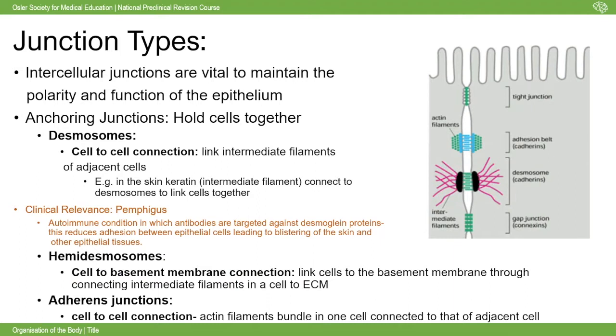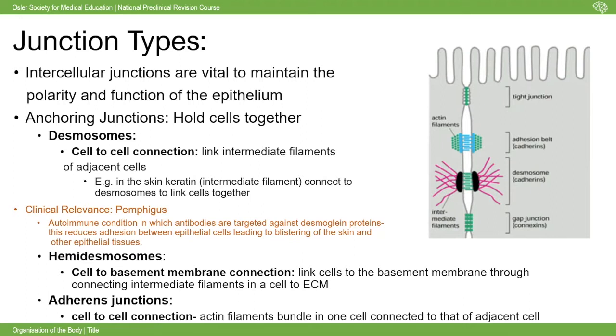Now moving on to our junction types. These epithelial tissues and the epithelial cells within them exist together and need to form a group in which they're all linked in order to have some kind of mechanical and structural integrity. The intercellular junctions we're going to look at, particularly those mentioned within the spec, are desmosomes, hemidesmosomes, and adherens junctions.